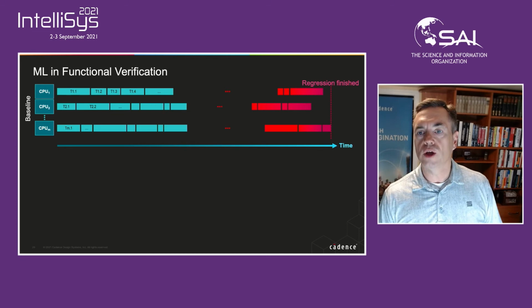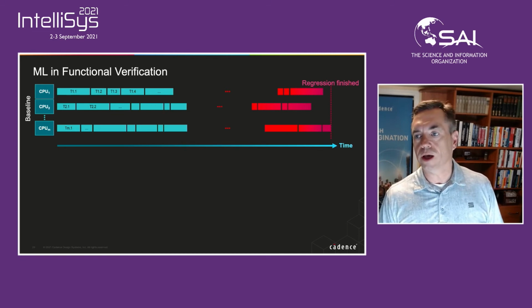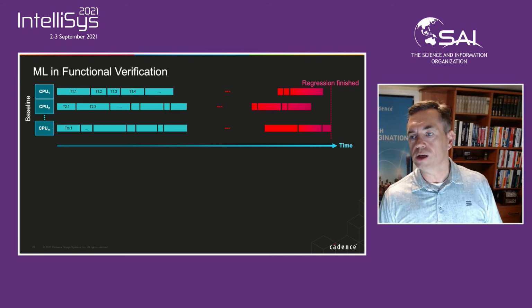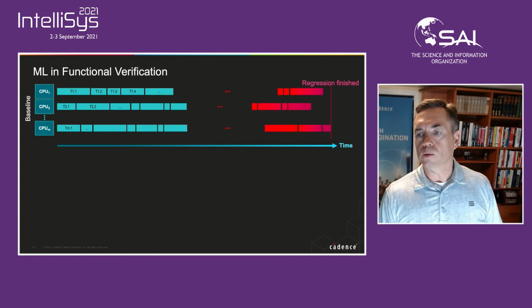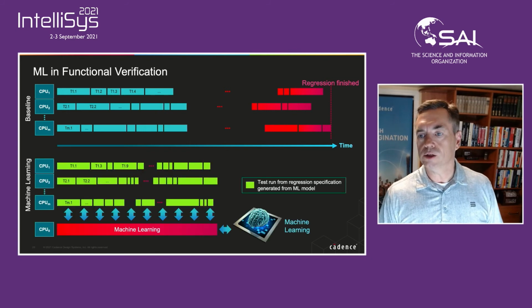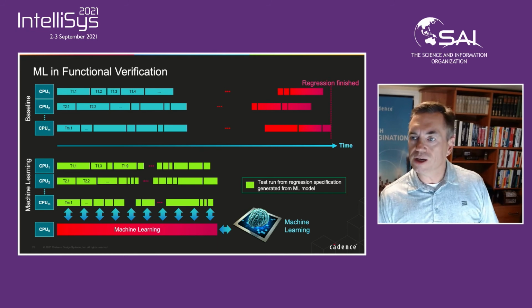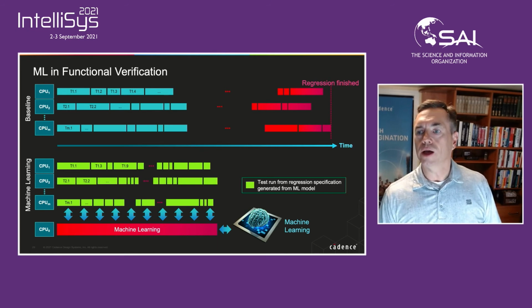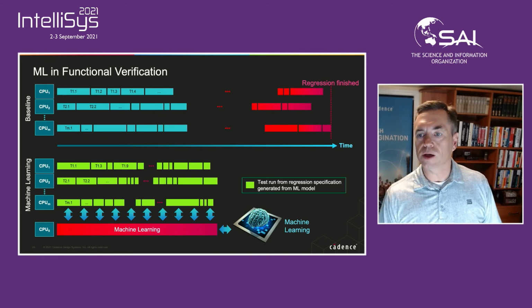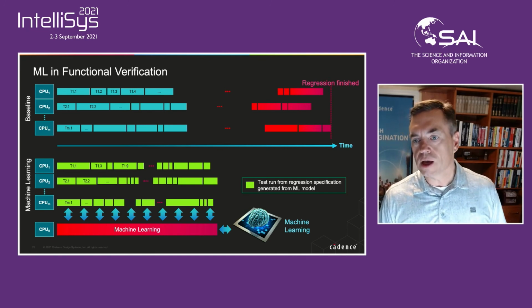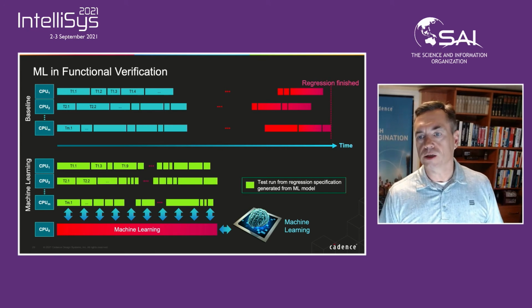You kick off a lot of regressions during the flow, a lot of simulations where you run these simulations over time. And where AI ML is used to optimize this is really with the regression handling here, looking at the best way to sort and the best way to direct with directed testing, the exploration, the simulation.